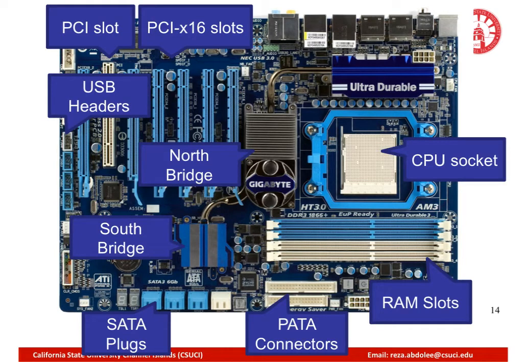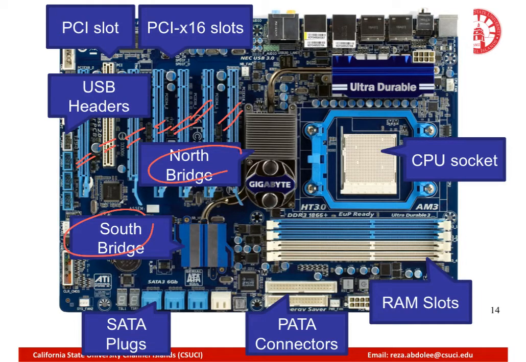Here in this picture, we are seeing the newer version of the motherboard used in desktop computers. As you can see here, our I/O devices are located in here. Still, we have PCI, we have AGP, and then we have our South Bridge and North Bridge.